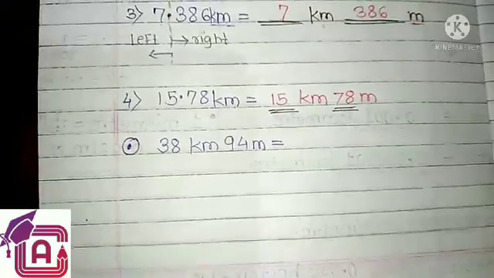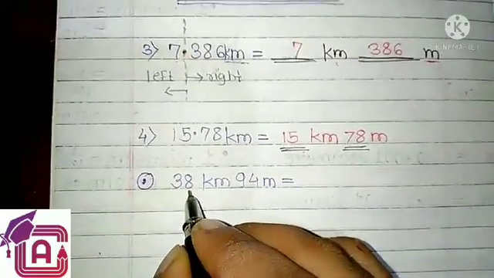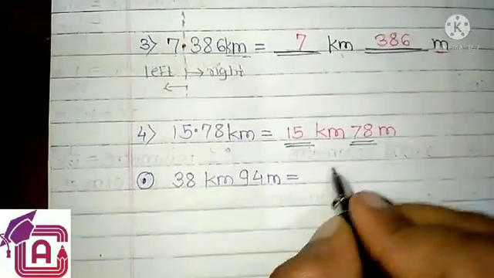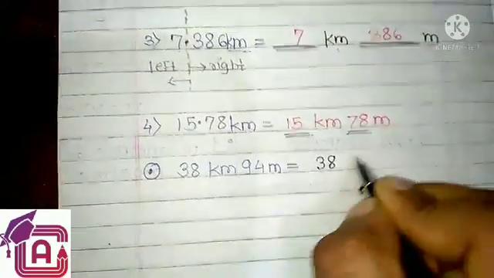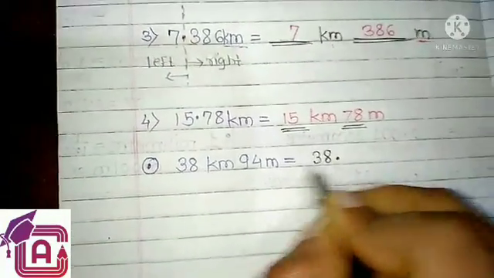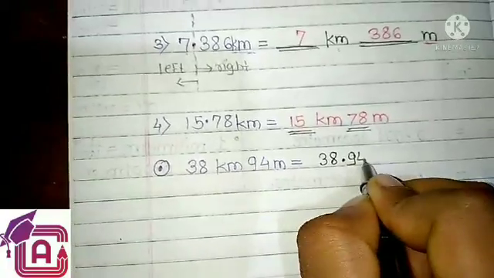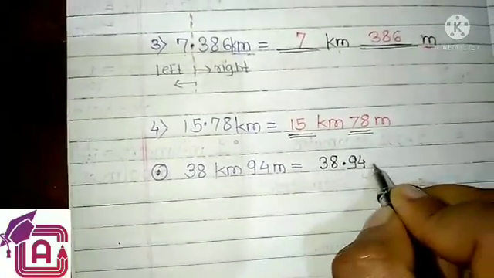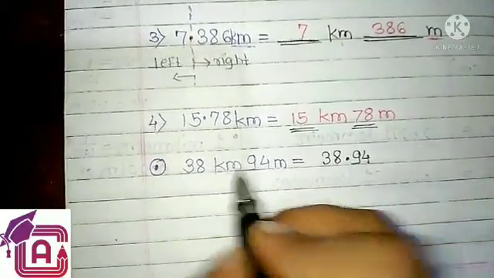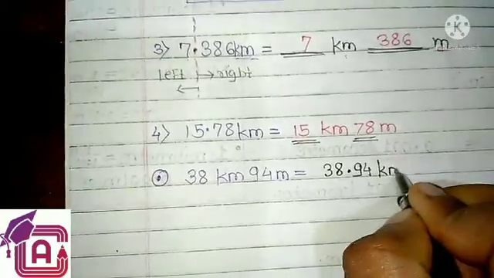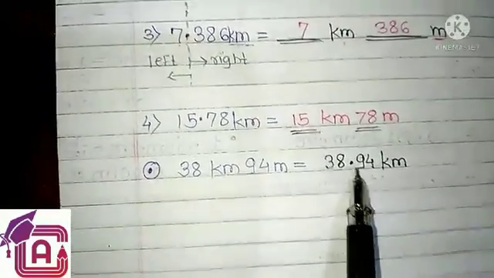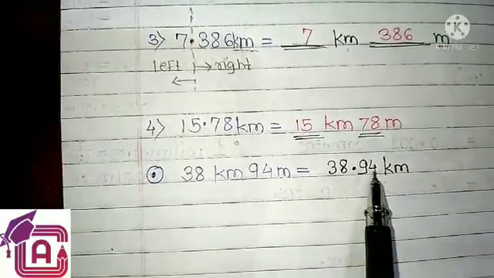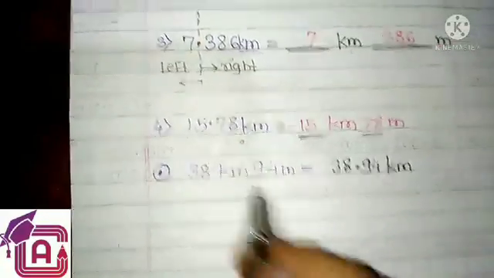So how to represent it? First number 38, which is the bigger unit number, then after the kilometer give a decimal point and write down the next number as it is, along with the bigger unit. What is the bigger unit? Kilometer. Always give the first unit, kilometer. 38.94 kilometer.